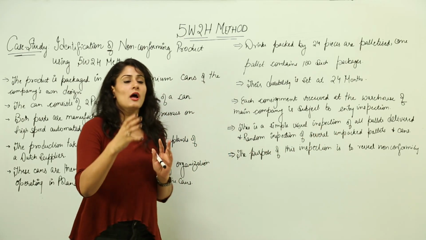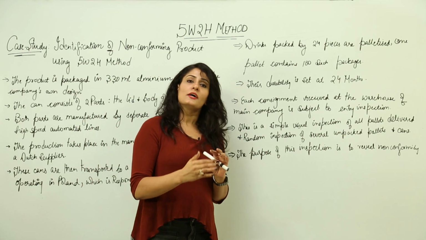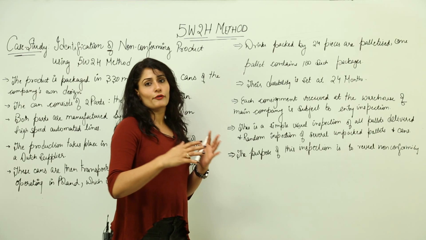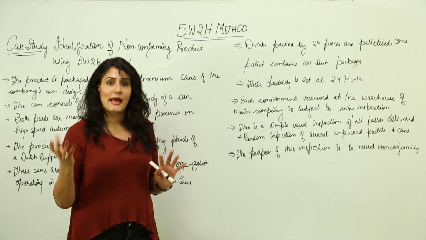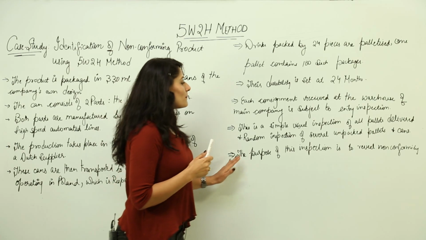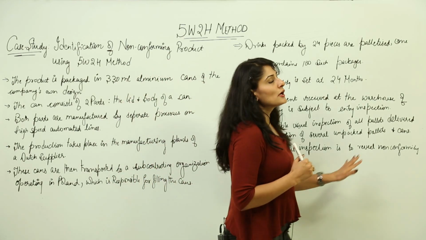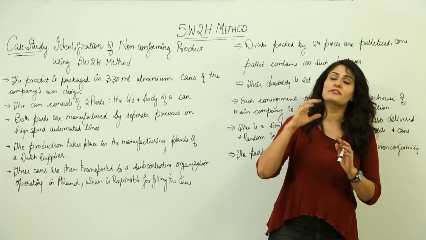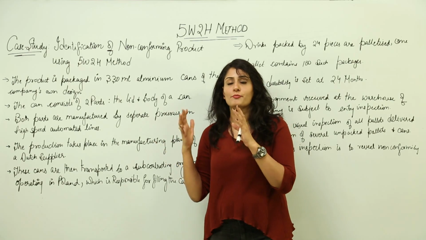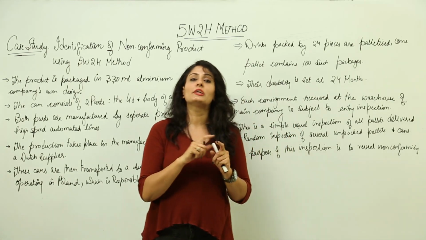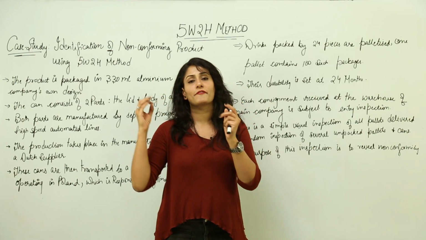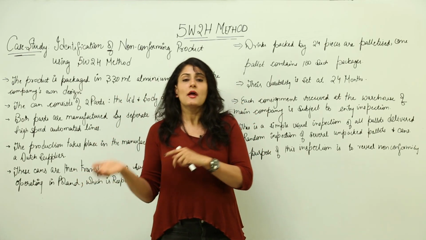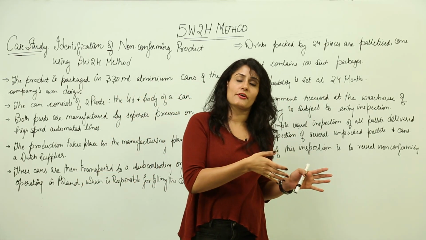So when they enter the warehouse, they go for a visual inspection of all the cans to check if there are any visible damages or such things. The purpose of this inspection is to reveal non-conformity. So a person or a few people are responsible who visually inspect all the cans, or whatever is supplied by these companies, before they store them in the warehouse, right.